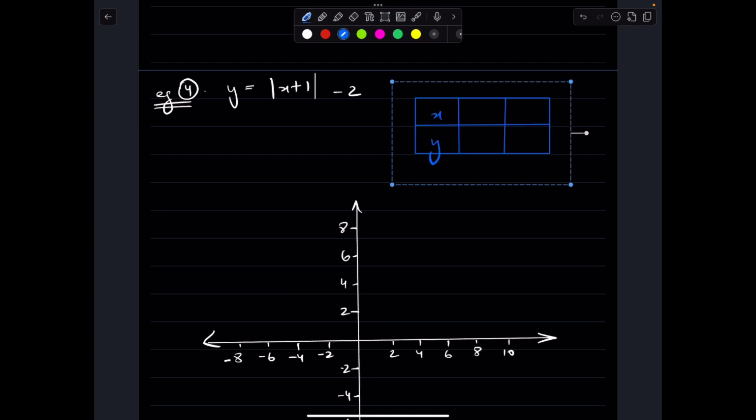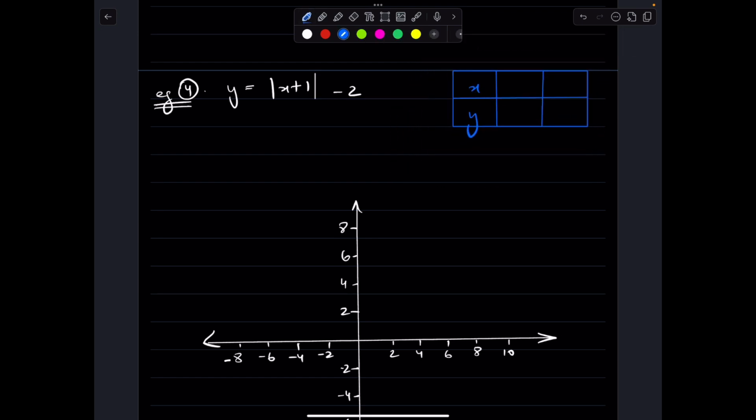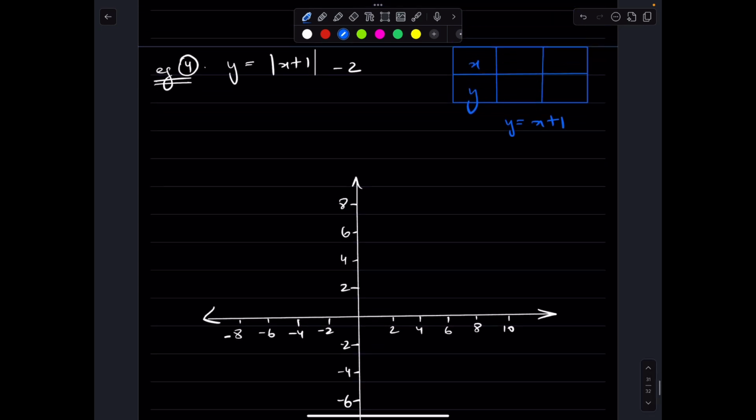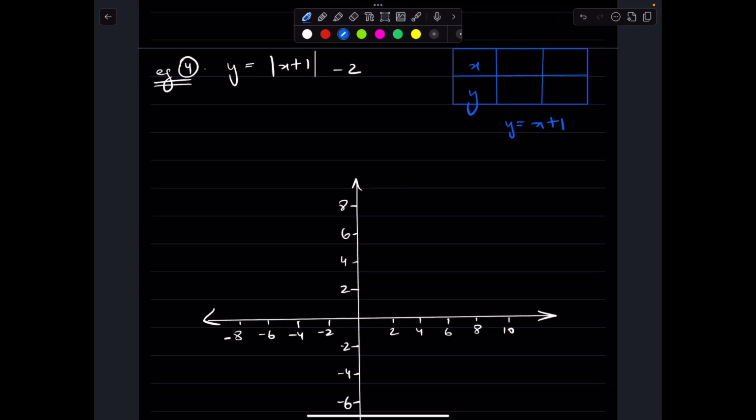Make this table. Since to draw any graph you need 2 points. So for the graph of x plus 1, when x is 0, y is 1. When x is minus 1, y is 0.